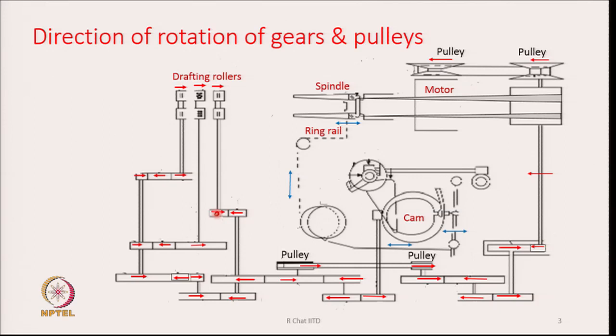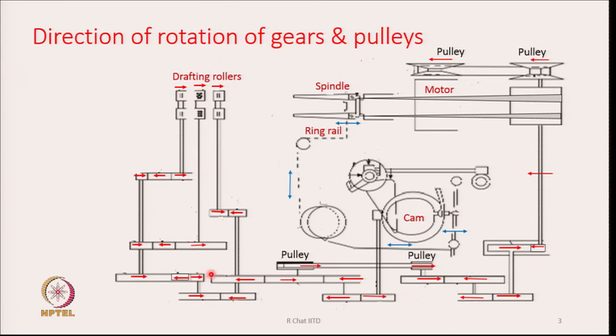When it meshes with this gear, the direction of rotation changes, and the shaft of this gear holds the front bottom roller, and therefore the rotational direction of this gear and the front drafting roller are exactly the same. Similarly, if you trace the path as shown here, you will find that the rotational directions of the middle drafting rollers and the back drafting rollers are all in the same direction, and that is what we wanted.